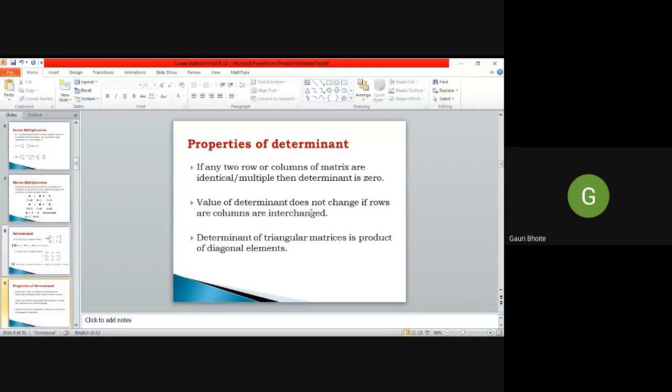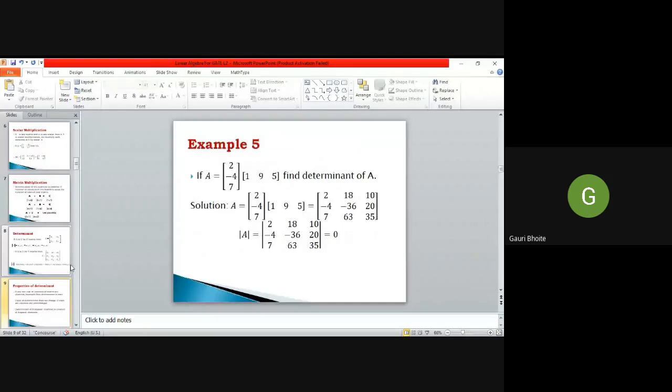Second, if we interchange its rows and columns, the value of the determinant does not alter. While calculating a determinant, if we interchange rows, it is altered by a minus sign, but normally for equivalent matrices it does not alter. And third, the determinant of a triangular matrix or diagonal matrix is the product of its diagonal elements. Are you getting this? What is the determinant?